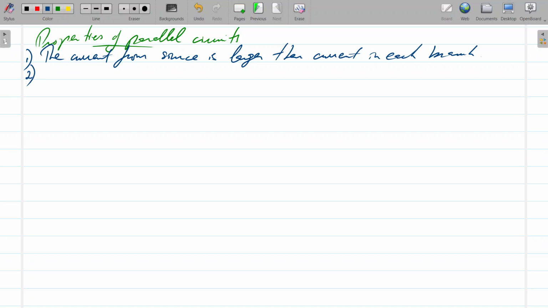And the second is, we just saw that, the combined resistance, now the book says 2, but however many, is less than each individual resistance.